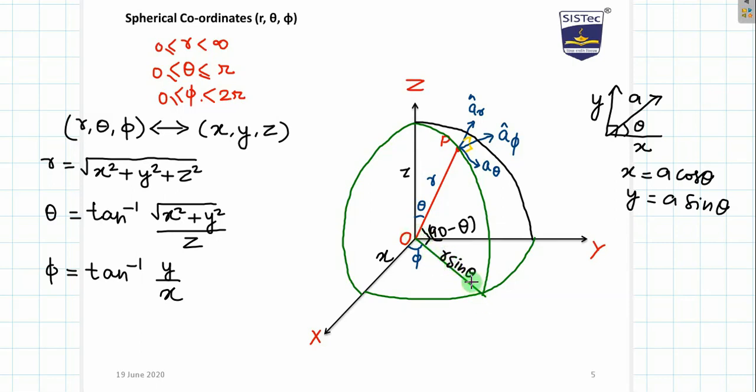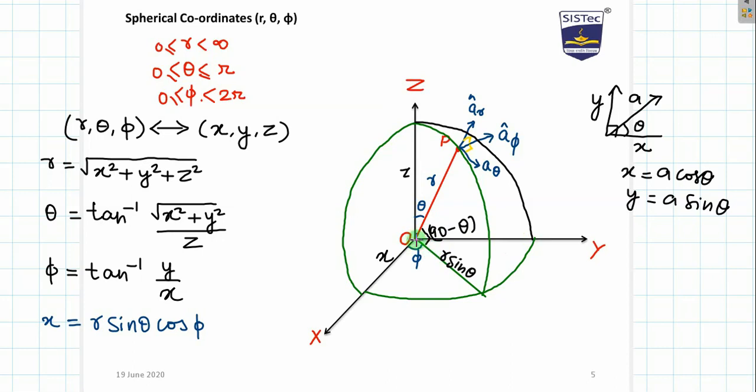Now this r sin theta, if I resolve on the x axis, it is r sin theta cos phi. So x can be written as r sin theta, rotated in this direction since phi is the angle, so r sin theta and cos phi. So this is your x resolution. What will be the y counterpart?